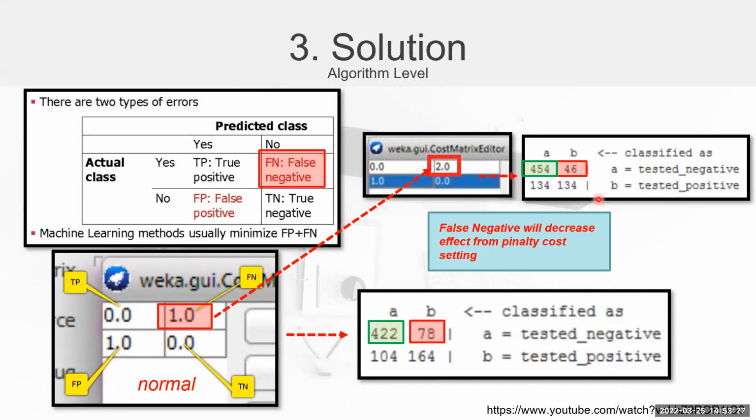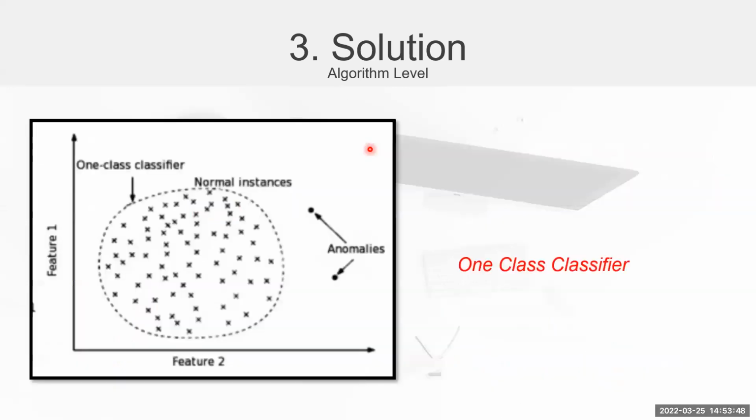So the accuracy of the positive class is getting higher. We can see that this is getting higher, 454. This is 422. I think that's the effect of the penalty cost setting for the algorithm.